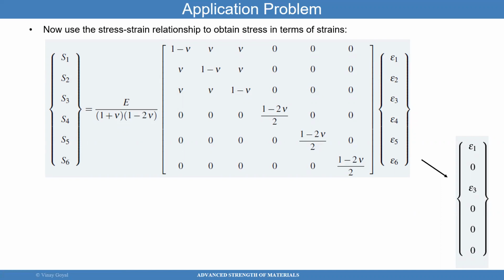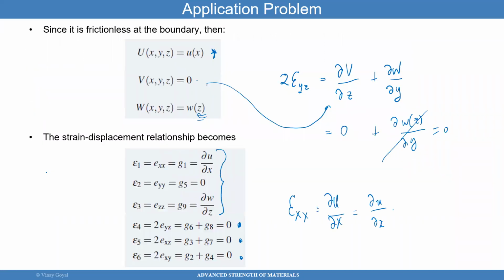I'm using a different convention, but I don't want you to lose sight of the fact that this is sigma xx, sigma yy, sigma zz, sigma yz, sigma xz, and sigma xy. It's the same thing.